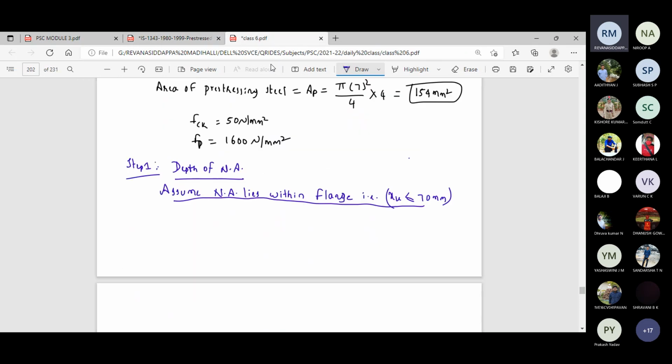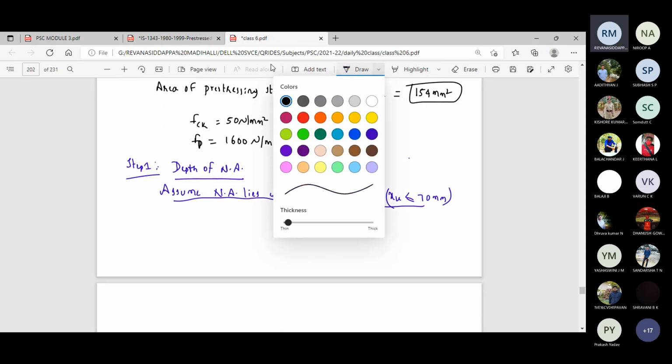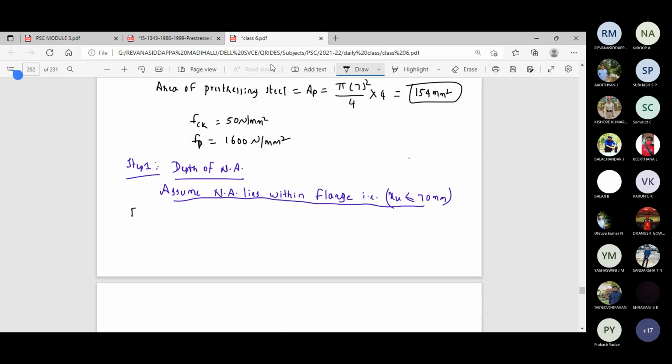From table 11, Ap fp by b d fck, so here we have assumed that depth of neutral axis lies within the flange.